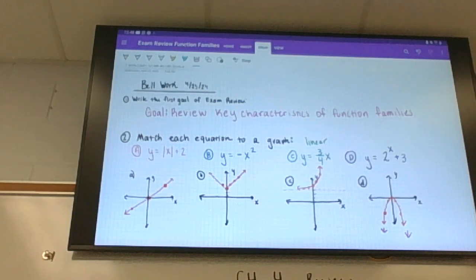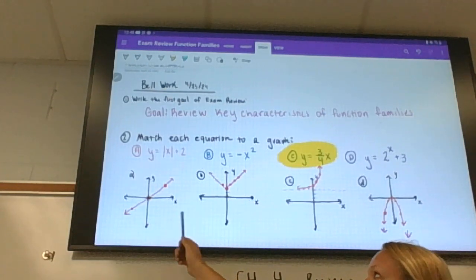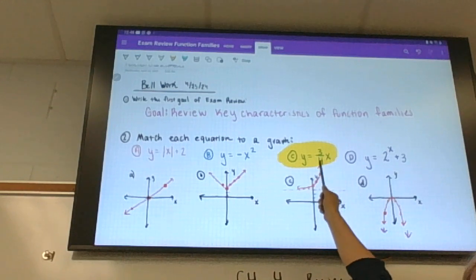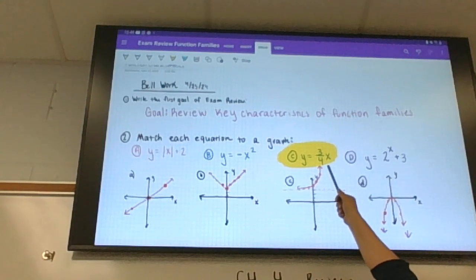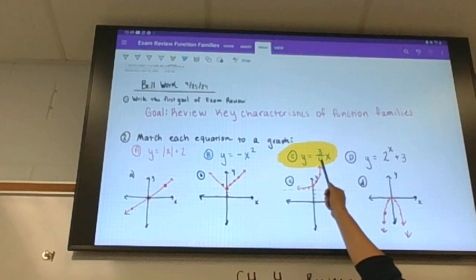So your goal now, it's a matching problem. Each one of these uppercase letters is a part of a function family, and you're trying to match it to the right graph. This equation is the easiest one for me to identify. Which letter graph goes with this green equation? A. That's a straight line, and the rise over run is up 3 over 4.